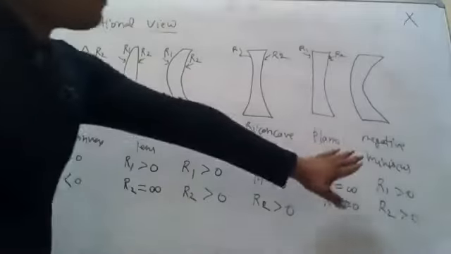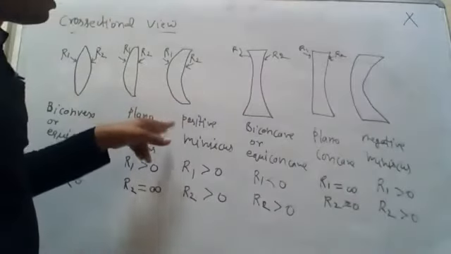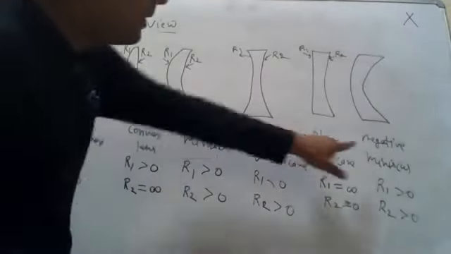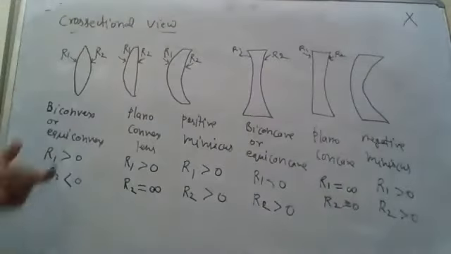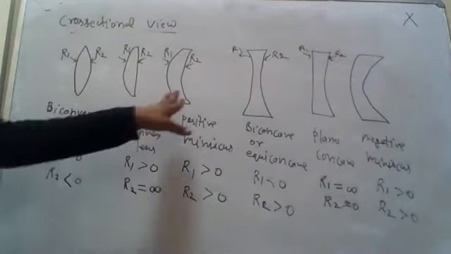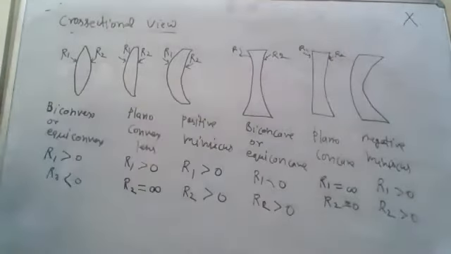Can you tell what is the basic difference you can see from here, the difference between the positive meniscus and the negative meniscus lens? What difference can you see? Anybody? Krishna, can you tell the basic difference between positive meniscus and negative meniscus lens?